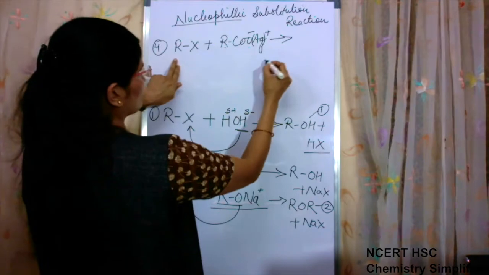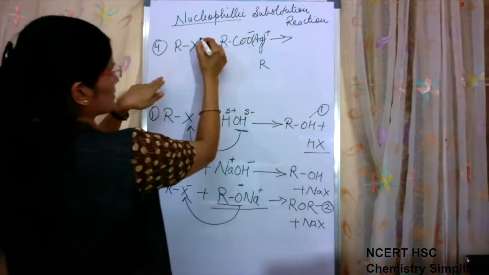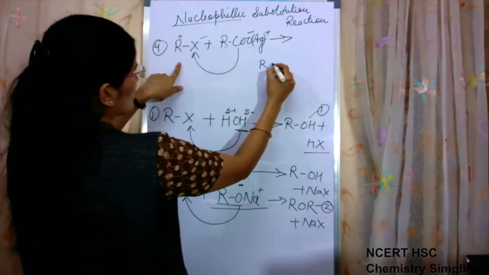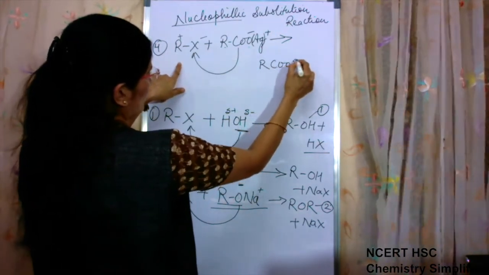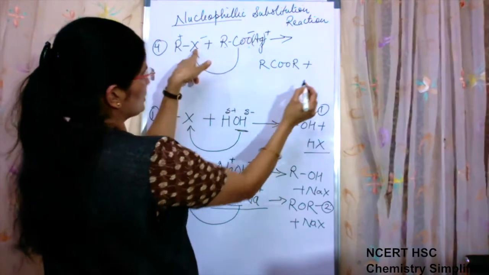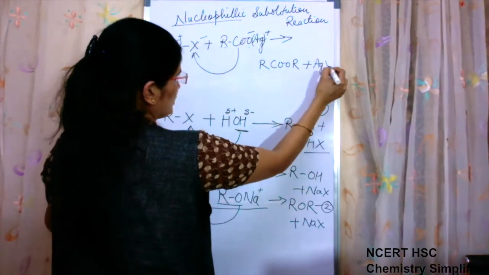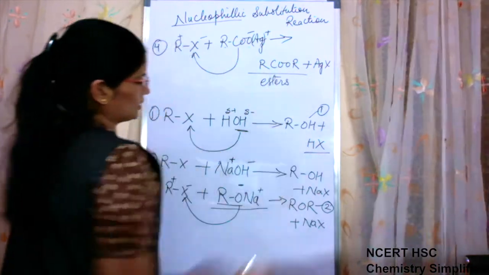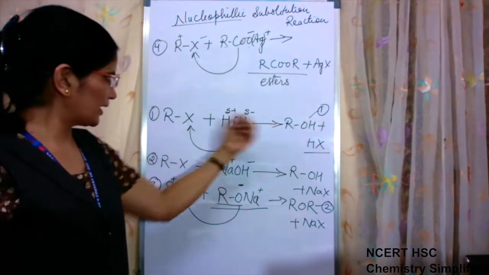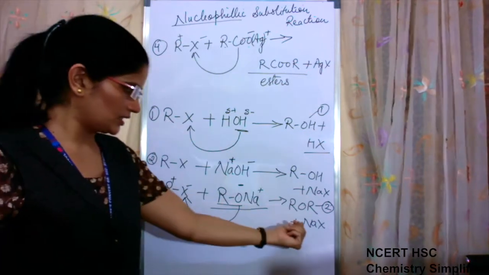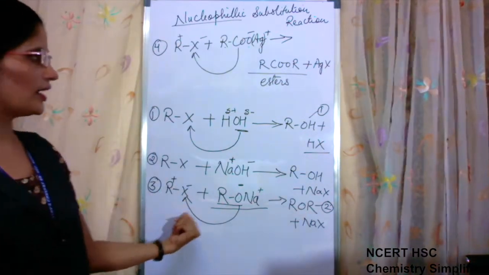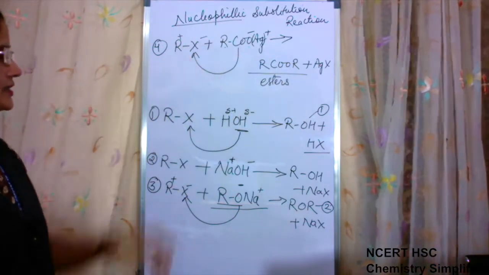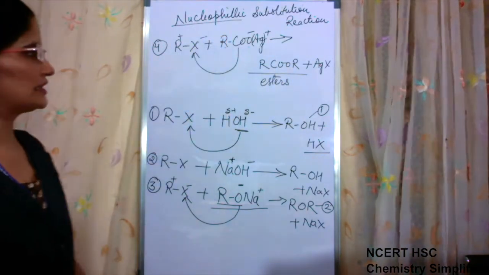X is negative, this is positive, so the negative part will substitute X, and it will become RCOOR plus AgX. So these are esters. Again, alcohol can be prepared using RX, ethers can be prepared using RX, as well as esters can also be prepared using RX with different reagents.